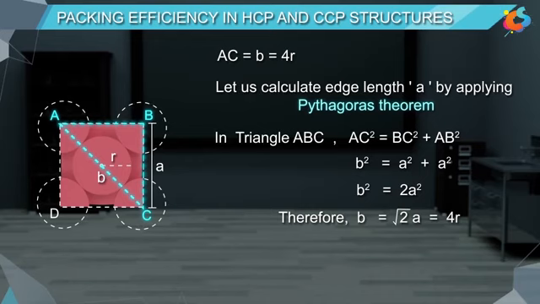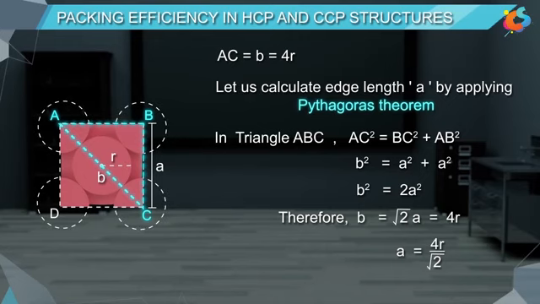Therefore, b is equal to √2 a is equal to 4r. Therefore, a is equal to 4r by √2, which is equal to 2√2 r.